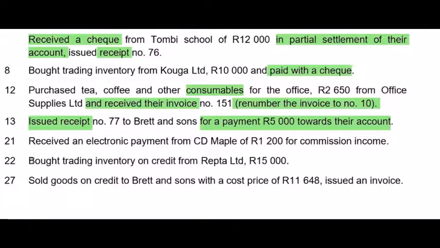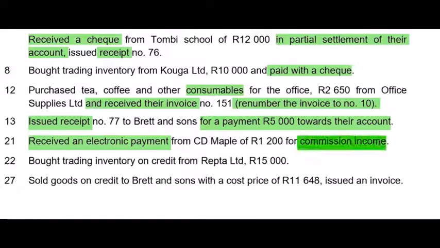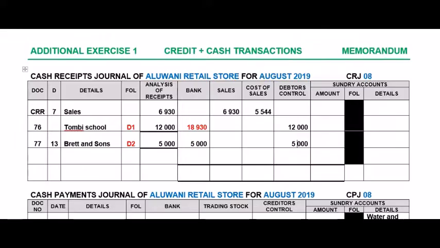Then on the 21st, we received an electronic payment. Okay, so we received a payment, which means it goes to the cash receipts journal. The fact that it's an electronic payment tells you the source document will be bank statement, and it's from CD Maple for commission income. Okay, so it goes to the CRJ. The document is bank statement. The date is the 21st.